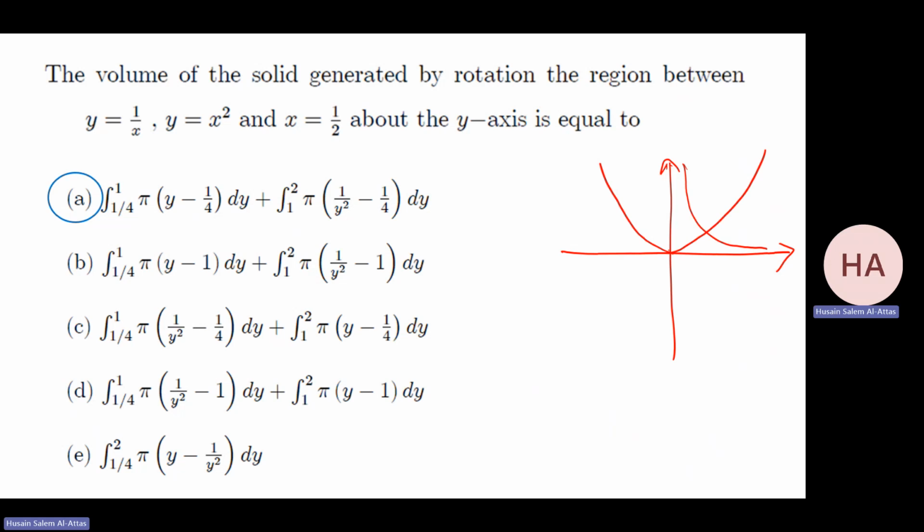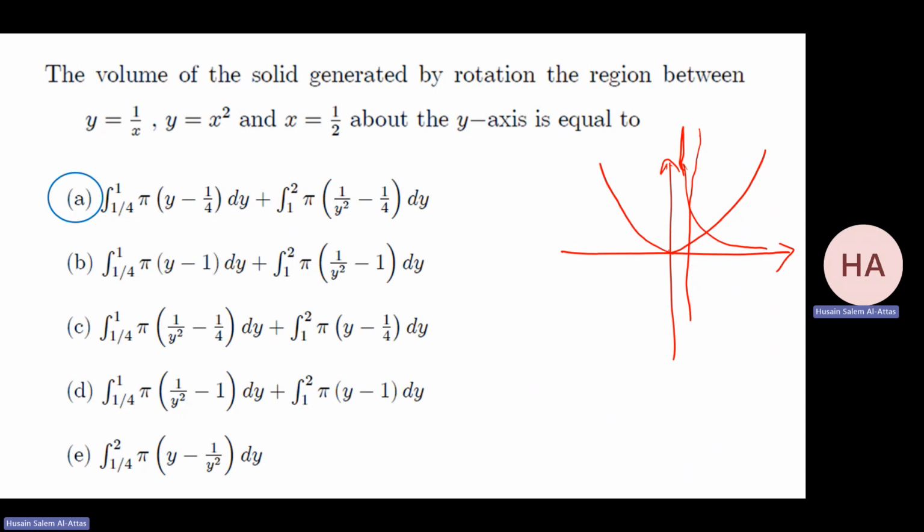Wait, x equals half means what? This will be 2. x equals half is something here. Something like that. That will be x equals half.